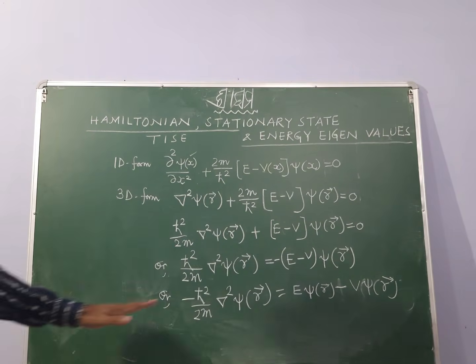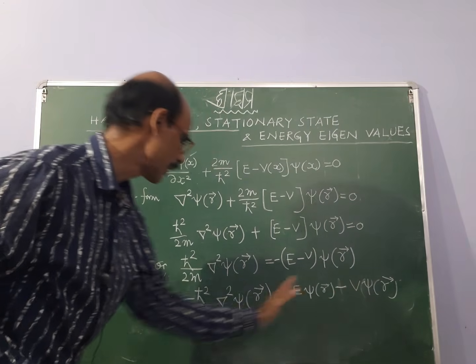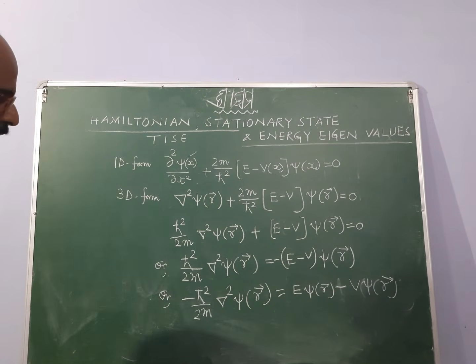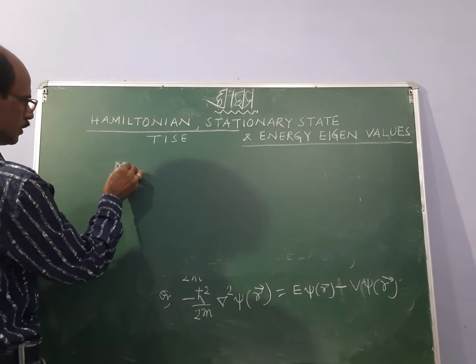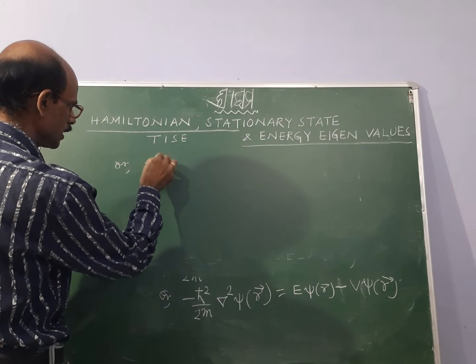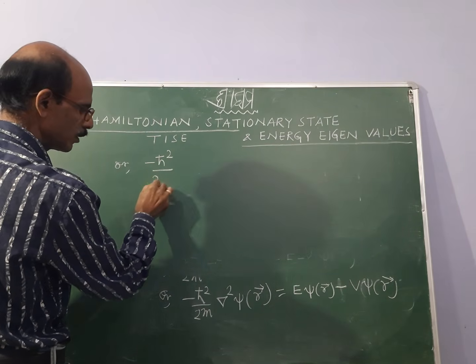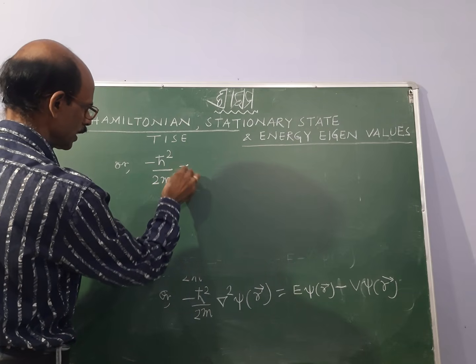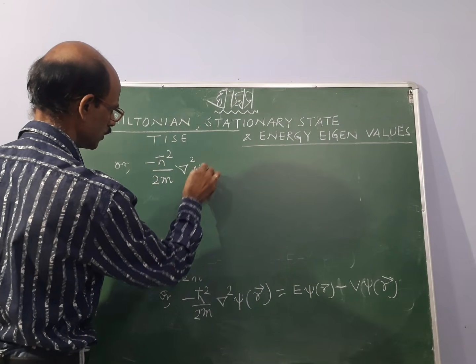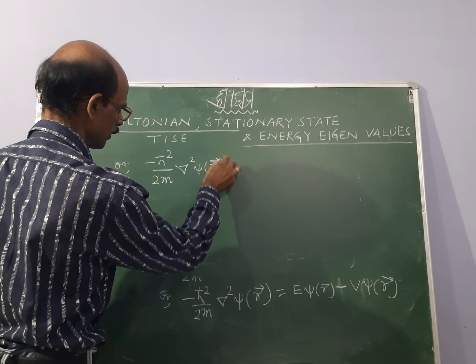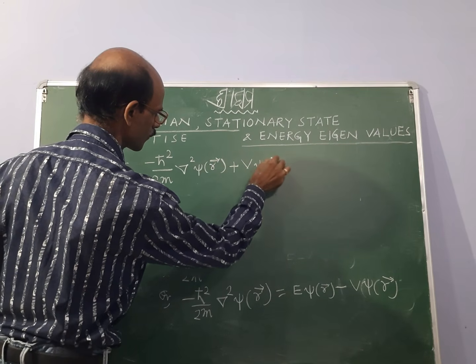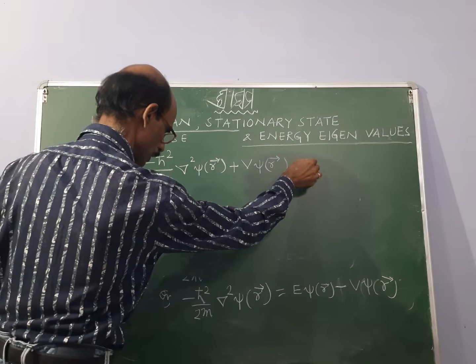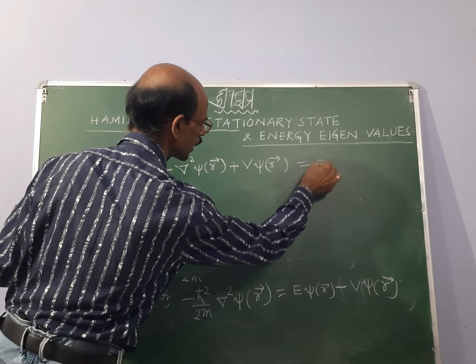Right? Now bring this V psi(r) towards the left hand side. It can be written as minus h cut square by 2m grad square psi(r) plus V psi(r) is equal to E psi(r).